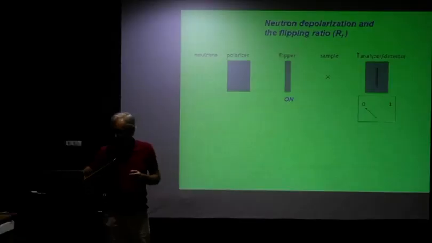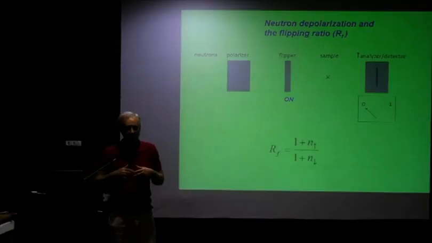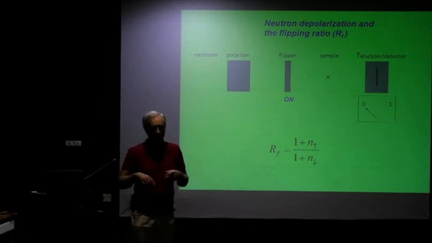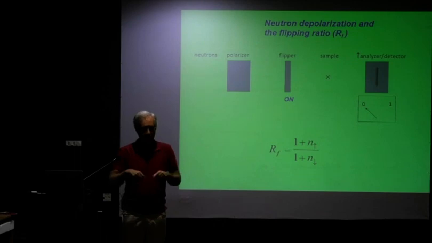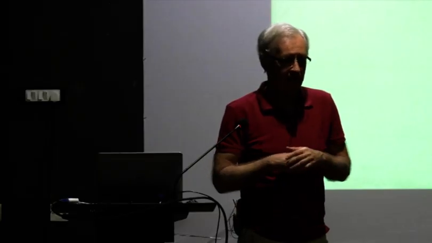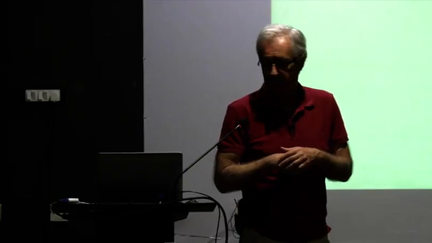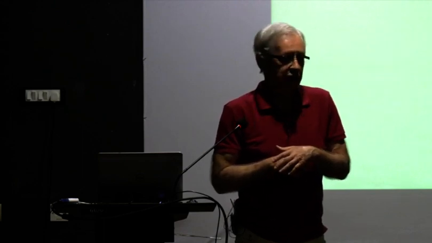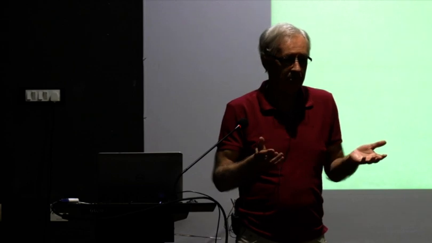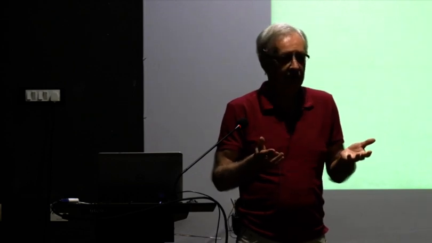And to quantify this polarization, we define something called a flipping ratio. It's basically the ratio of upspins to downspins detected by the detector. If your flipping ratio is high, that means your beam is not depolarized.